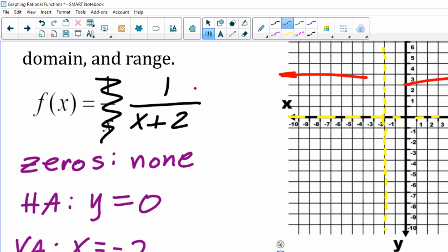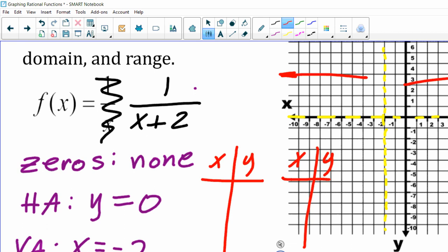So what we want is 3 x values to the left of the vertical asymptote and 3 x values to the right of the vertical asymptote. So you're just going to make two charts, one for the left and one for the right. Now you can make it in one chart, but I just thought it might be easier if we separated them.